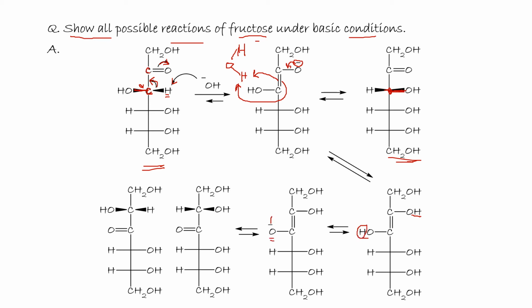Once again it goes back, with reprotonation from the upper face or the bottom face, which will give a mixture of OH to the right and left, and moving of the carbonyl from carbon 2 to carbon 3.